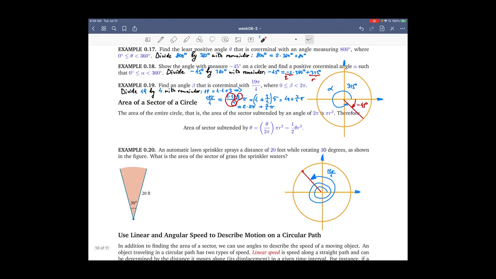So clearly the angle beta we're looking for is simply 3 pi over 4. It is certainly in the range 0 to pi, and it is indeed coterminal with the given angle, 19 pi over 4.